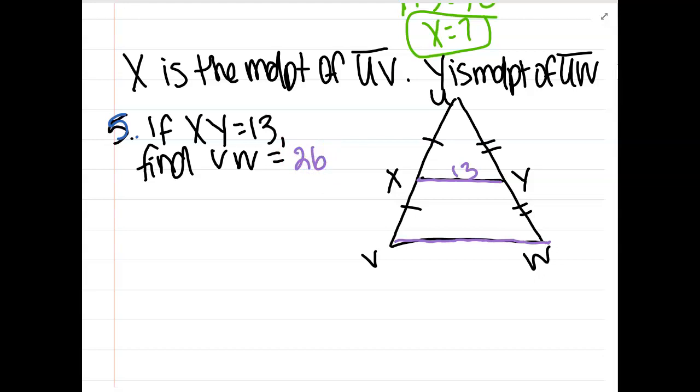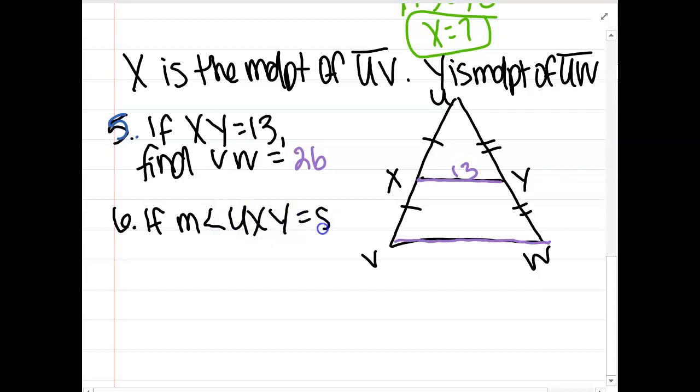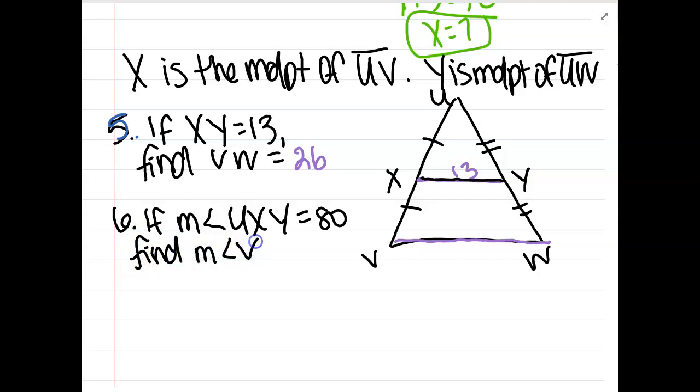Okay, now what about this one? What if the measure of angle UXY equals 80? The measure of angle UXY is 80. I want to find the measure of angle V. So they're telling me that this angle is 80.